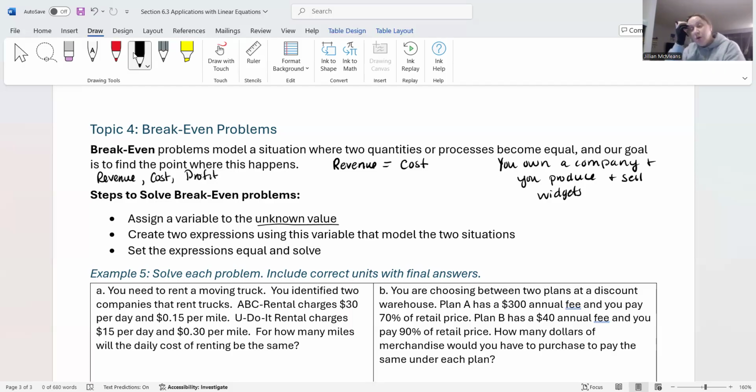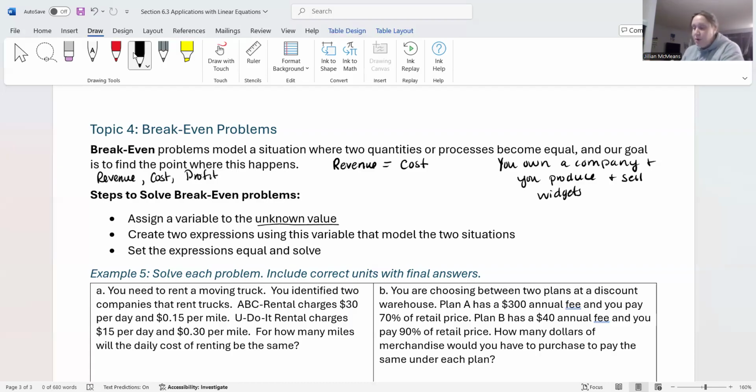So the unknown value would be the number of things that you're selling in this case. So we first have to assign the variable to the unknown value. It may not be a specific thing that you're selling, but for example, we're going to look at renting a moving truck, and the thing that is unknown is the number of miles. So how many miles would we have to drive for company A to be the same price as company B? That would be the break-even point. Okay, so assign your variable.